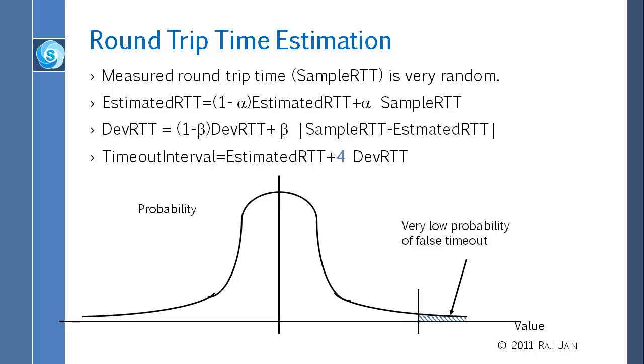Now the graph is showing the timeout interval. This line is the timeout interval. So this is mean plus 4 standard deviation. Okay, so the percentage that you said, really false timeouts would be this much. So there will be some packets.